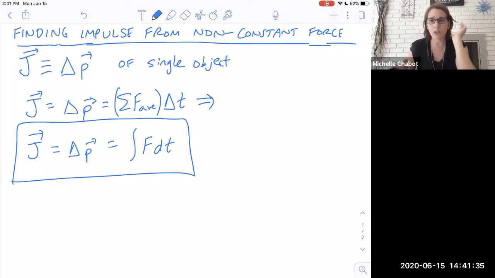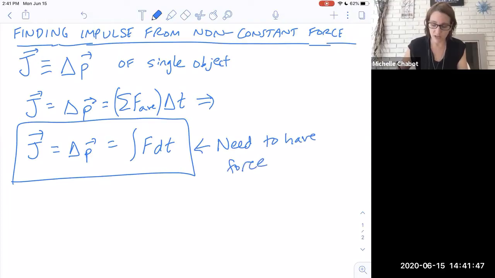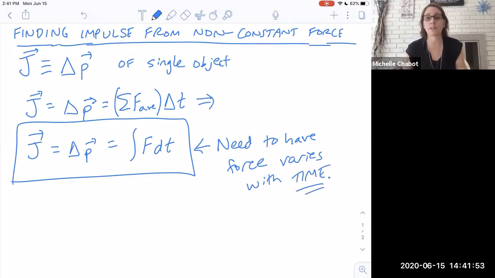So really it's just basically this equation for finding the impulse. But what you need is to have a force that varies with time to do this.